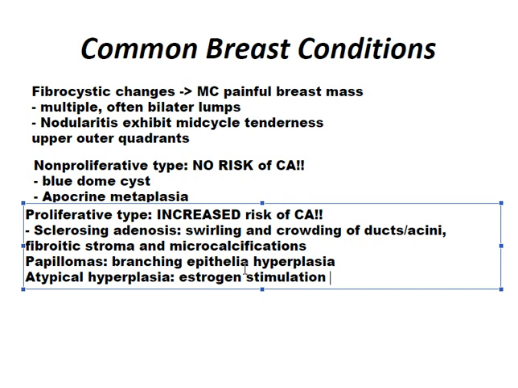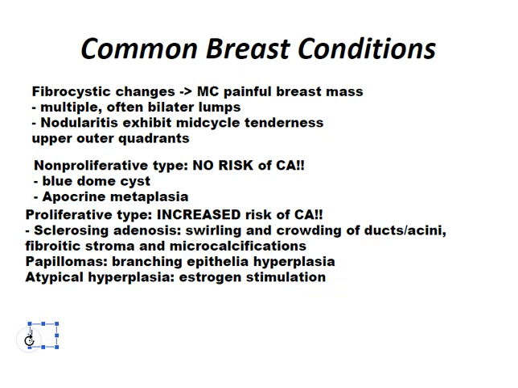Gynecomastia. This is enlargement of the male breast, usually in response to relative hyperestrogenism. It's commonly seen in patients with what? Cirrhosis, right? Because the liver processes estrogen. It can also occur in certain types of testicular tumors, especially a Leydig cell tumor.